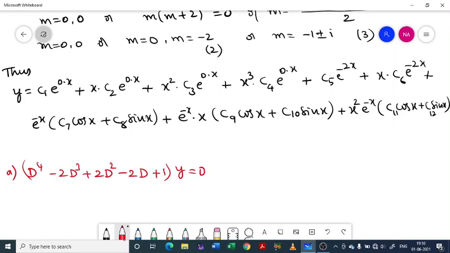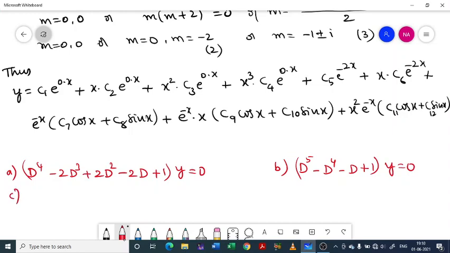Next problem B, d power 5 minus d power 4 minus d plus 1 into y equal to 0.